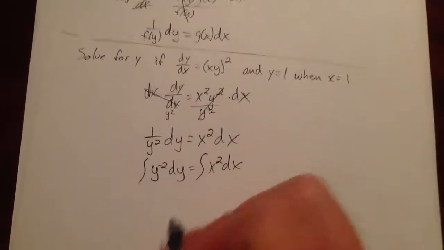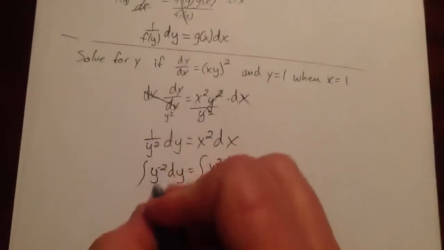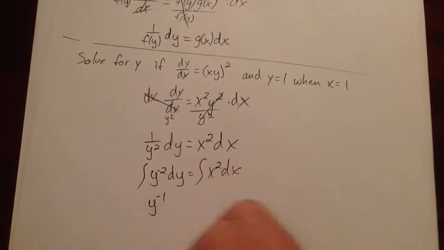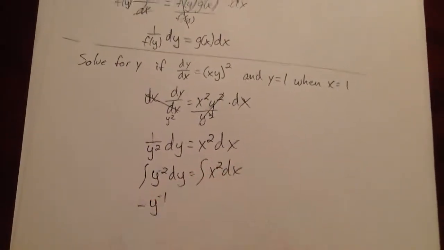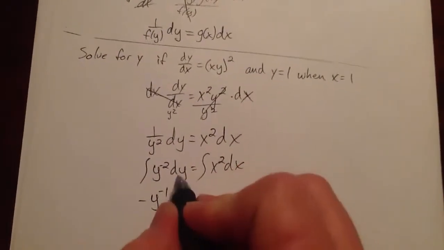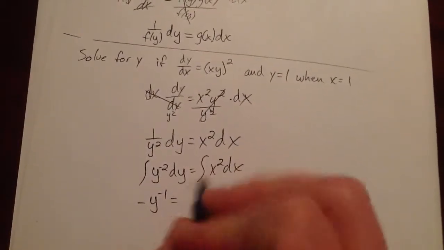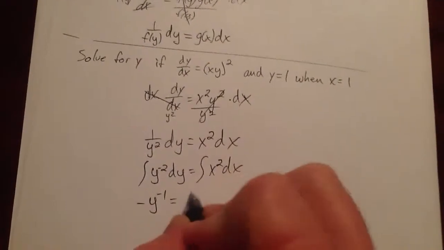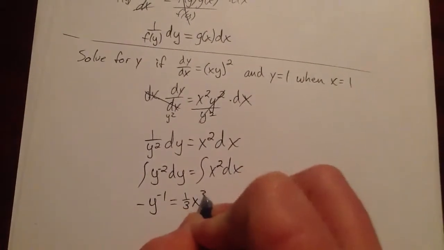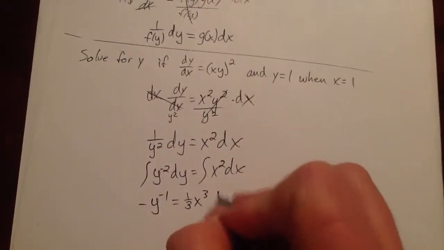So if I do my integrals here, I'll have, let's see, that'd be y to the negative 1, negative y to the negative 1, that would go away, equals, let's see, that would need to be what, 1/3 x to the third. And then you got to add a plus c.